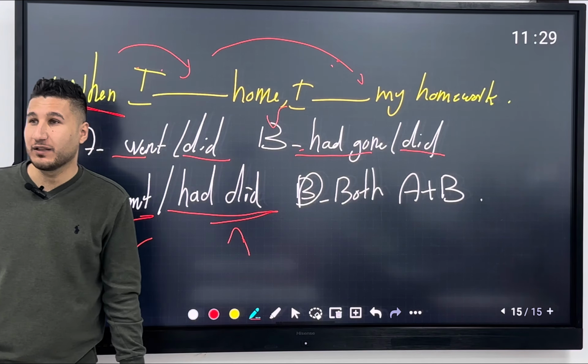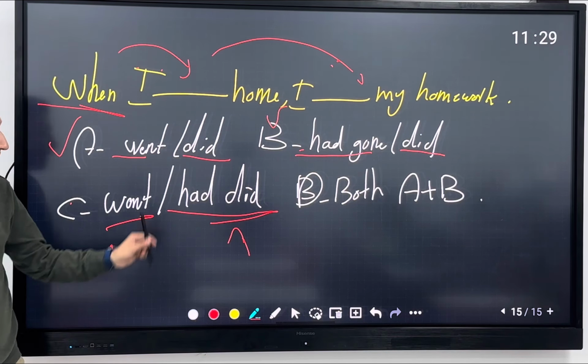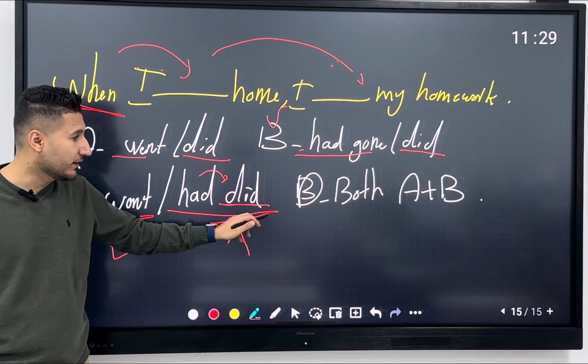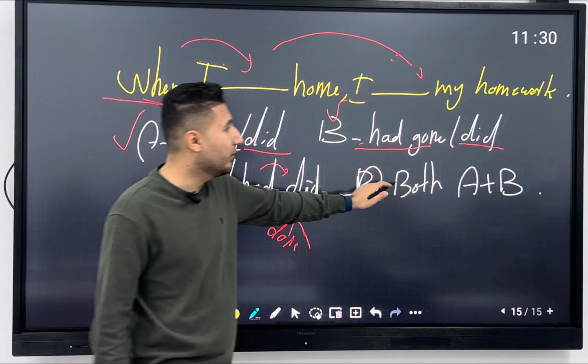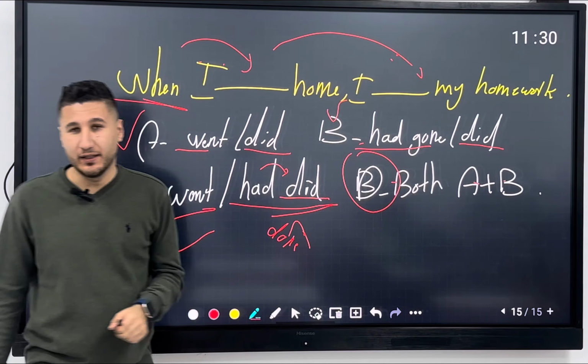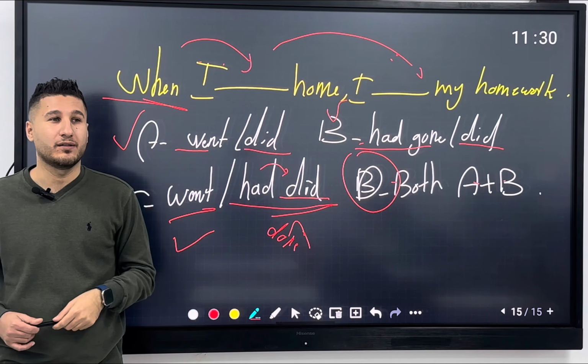It's not past perfect, but tell me the grammatical rule. Because it's followed by past simple, it must be done. So now which one is correct? Both A and B. So D is correct. This is all about conjunctions in Unit 1, and see you in the next video.